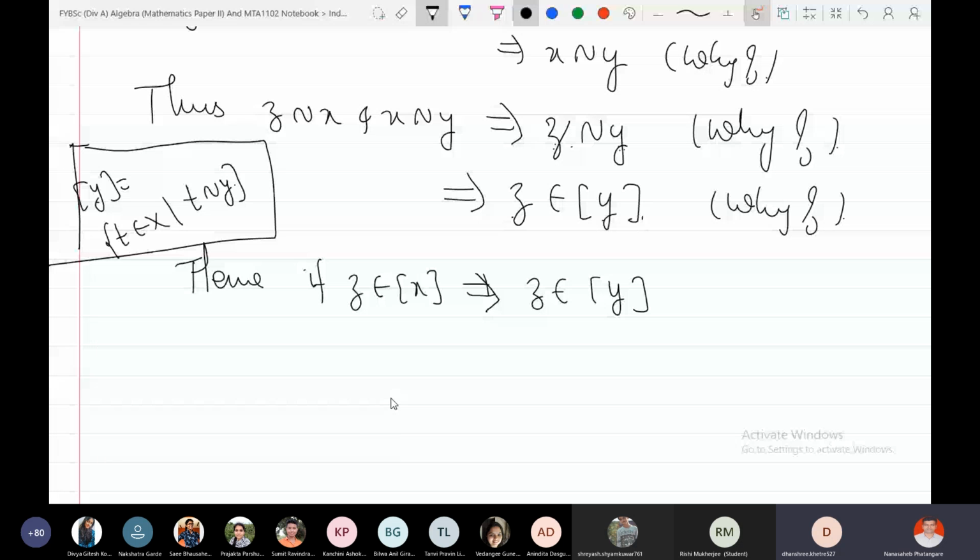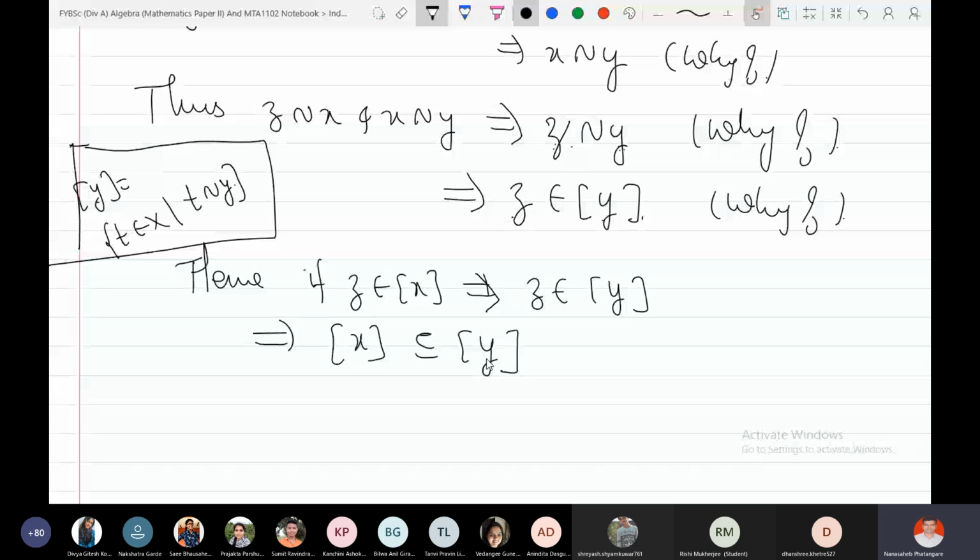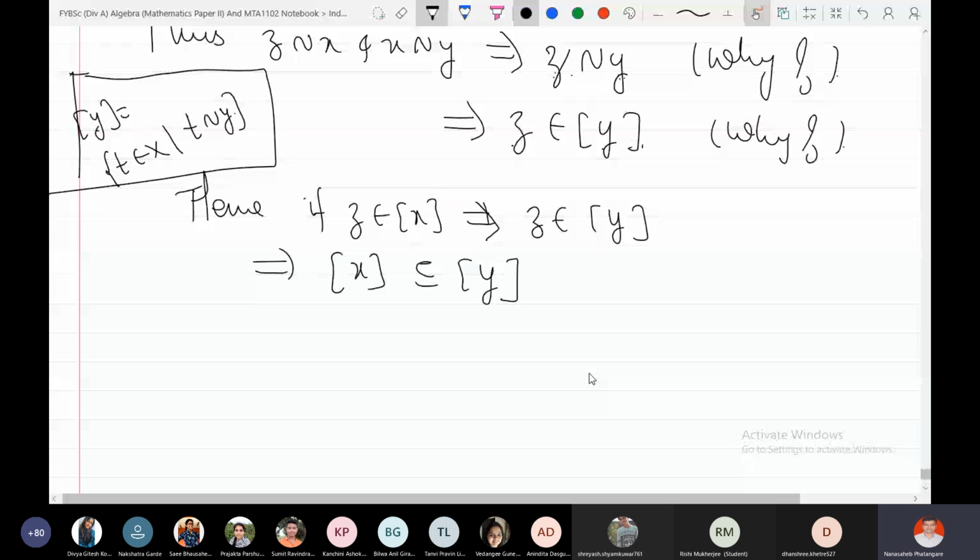No. I just closed my eyes and put my hand in the class of X and found some Z, and then I proved that it is also a member of class of Y. Therefore, no matter what Z from class of X we select, it is a member of class of Y. Therefore the entire class of X is inside class of Y, because whatever Z from class of X you select, it goes inside class of Y. That is the first thing.